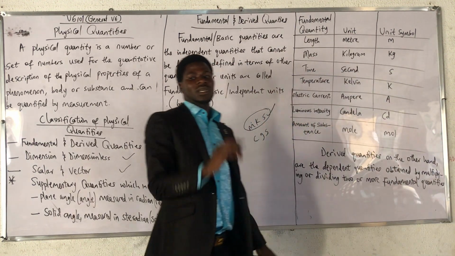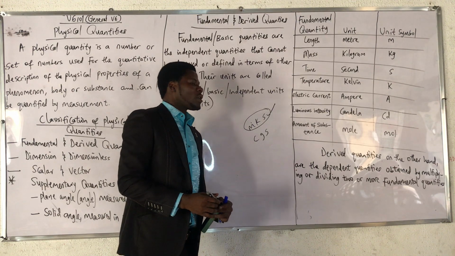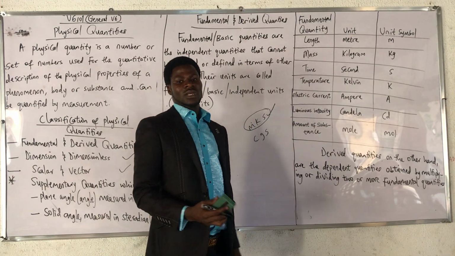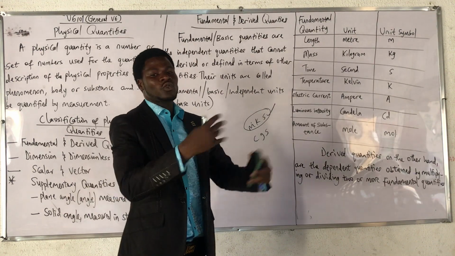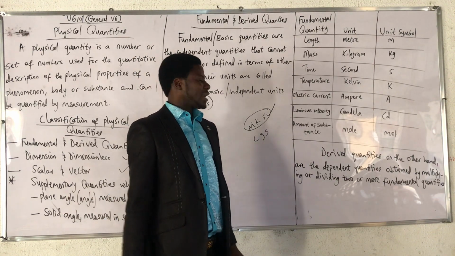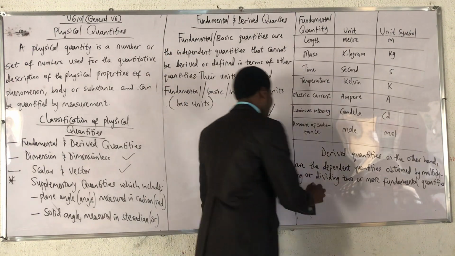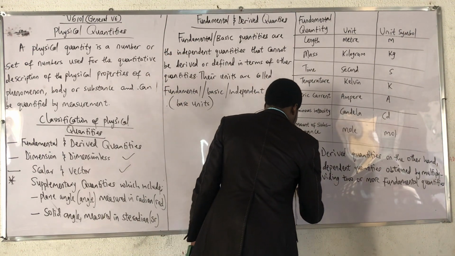Two or more what? Fundamental quantities. So they depend on fundamental quantities. They are obtained by multiplying or dividing two or more of them. That's why we call them dependent quantities.